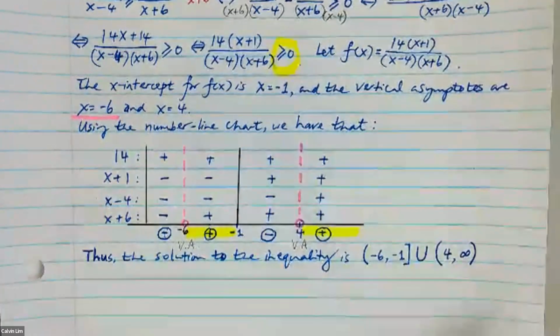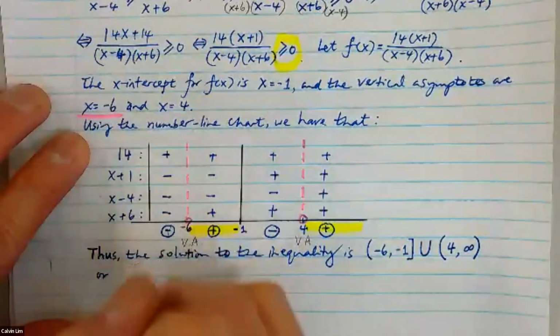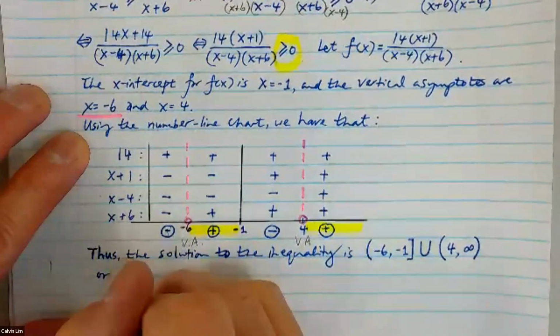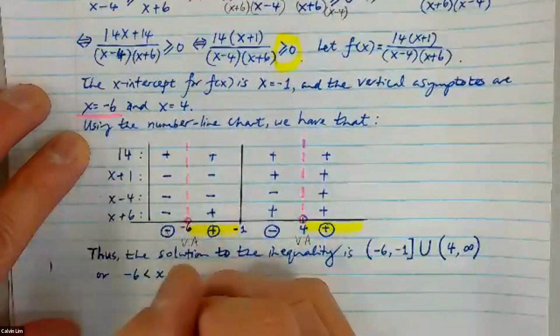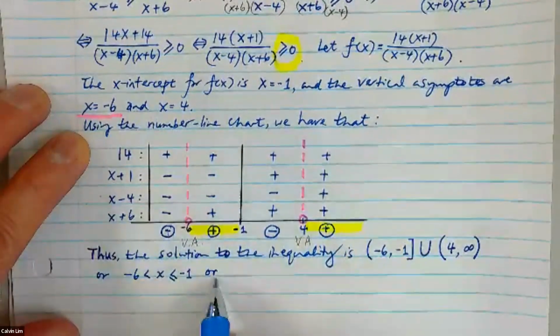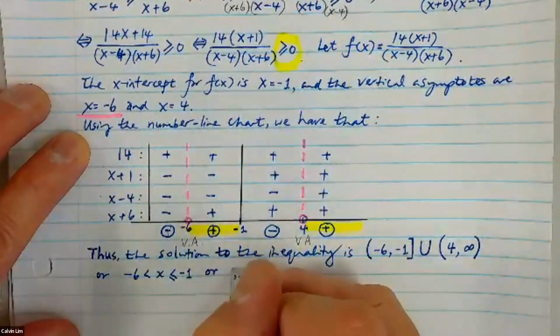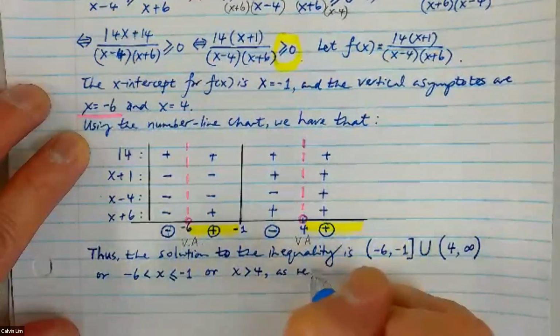So this is it. Or in set notation, this is represented as -6 is less than x is less than or equal to -1, or x is greater than 4. Union means or.